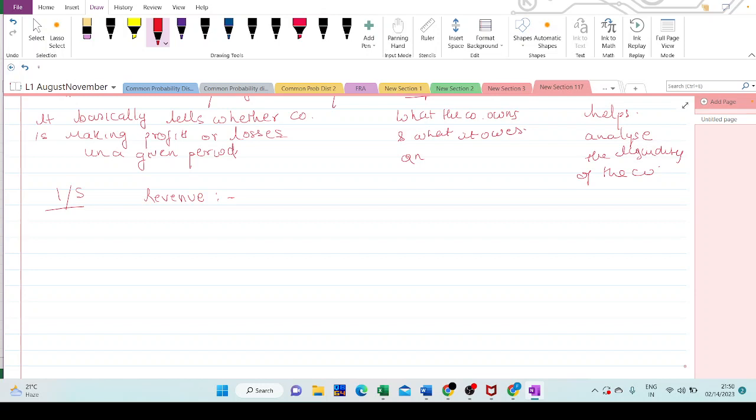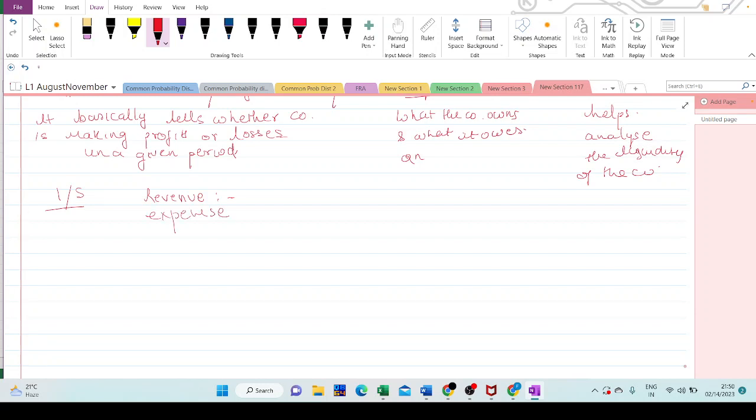Expense is basically the cost that the company incurs to generate revenue. Please write down the definitions of both. Revenue is the total amount of income generated by a company by sale of goods and services. Expense is the cost that the company incurs to generate revenue, right?